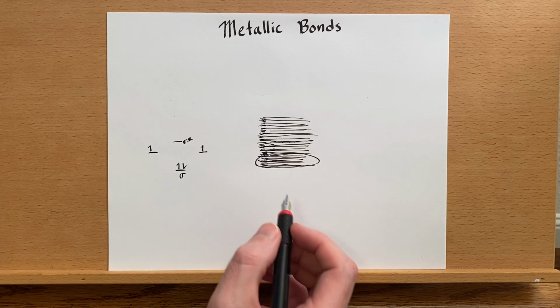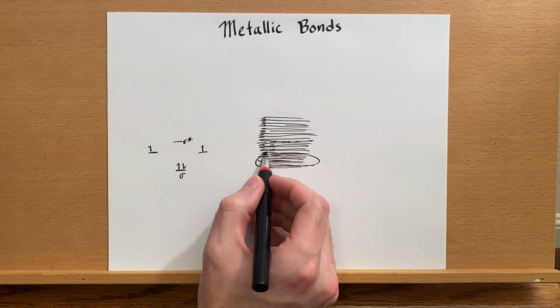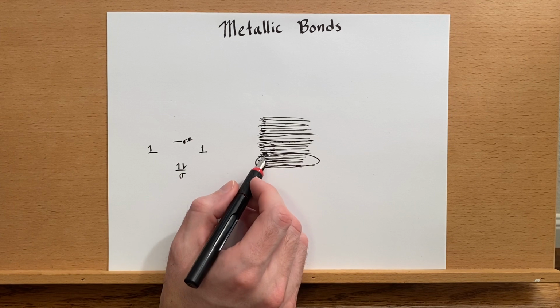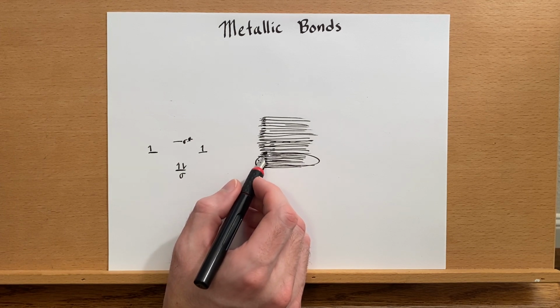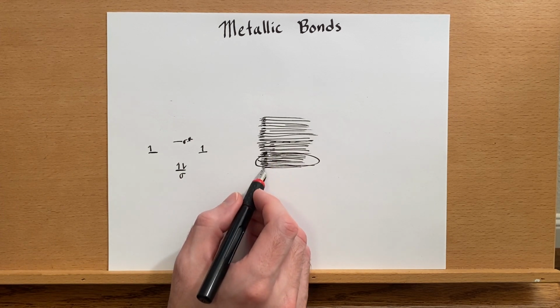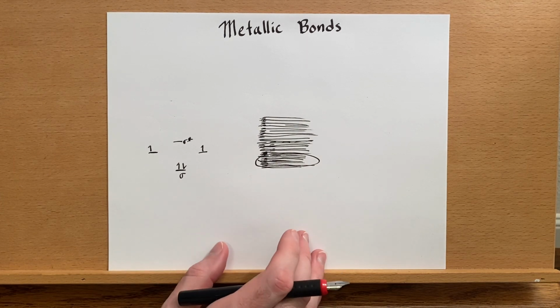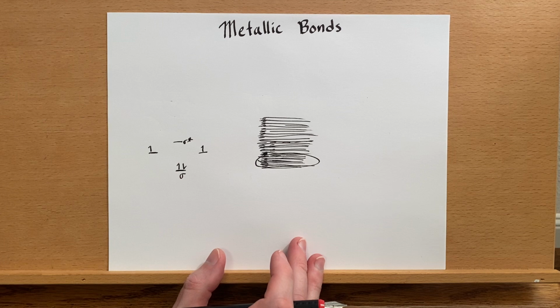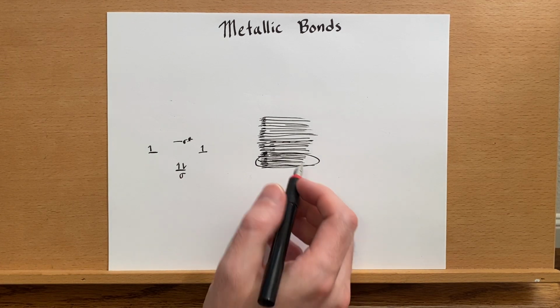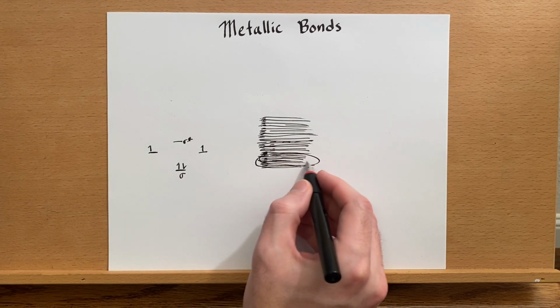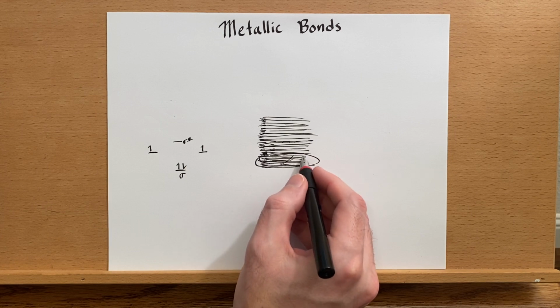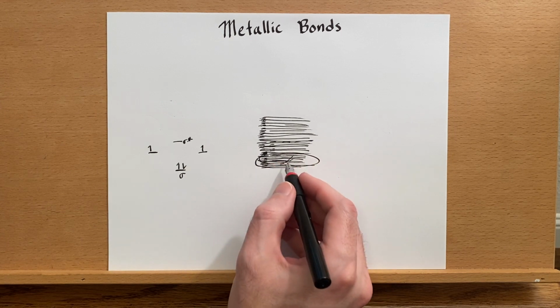And it's very easy to do that with even minute quantities of energy added, because all of these orbitals are so close to each other that it's always ready to conduct electricity. So down here we would call this the valence band, because it's filled with electrons.